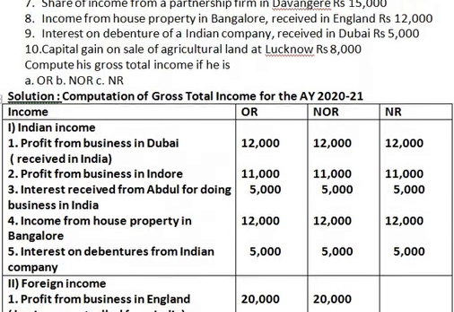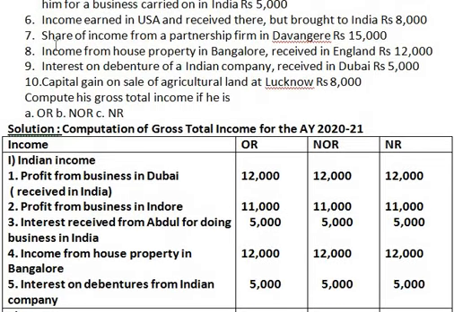Let us check which point it is in the sum. It is the sixth point. Income earned in USA and received there but brought to India, rupees 8,000. Brought to India is not received in India.